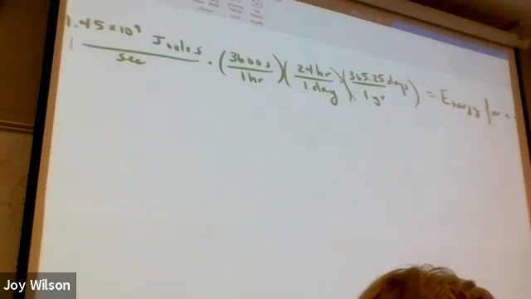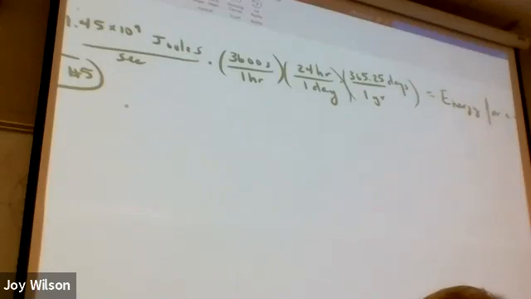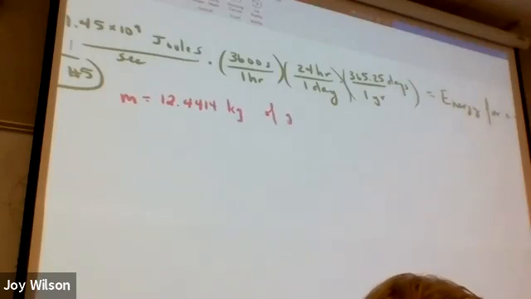Okay. 10D number 5. Okay, so 500,000 standard mint gold bars, each with a mass of 12.4414 kilograms of gold.